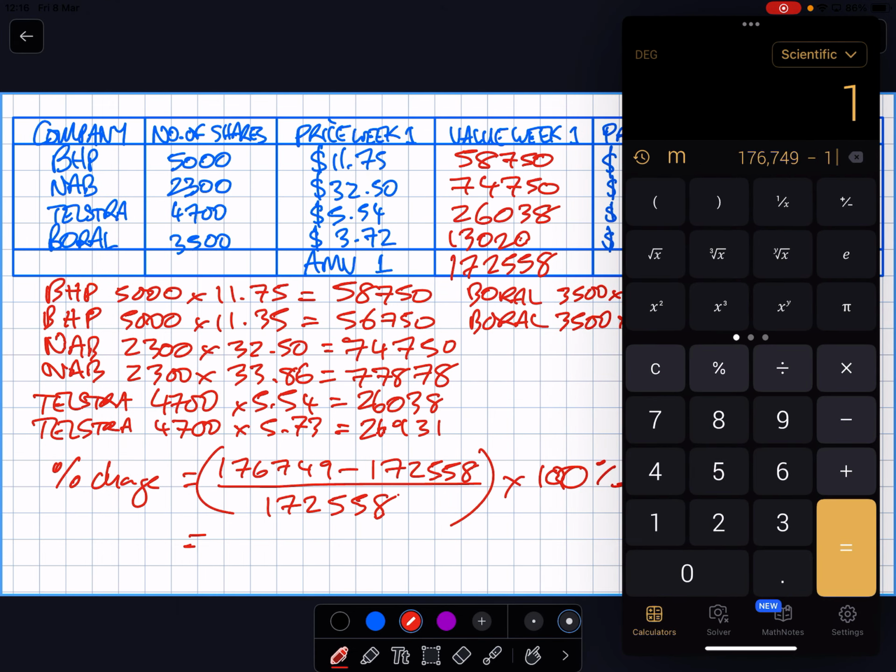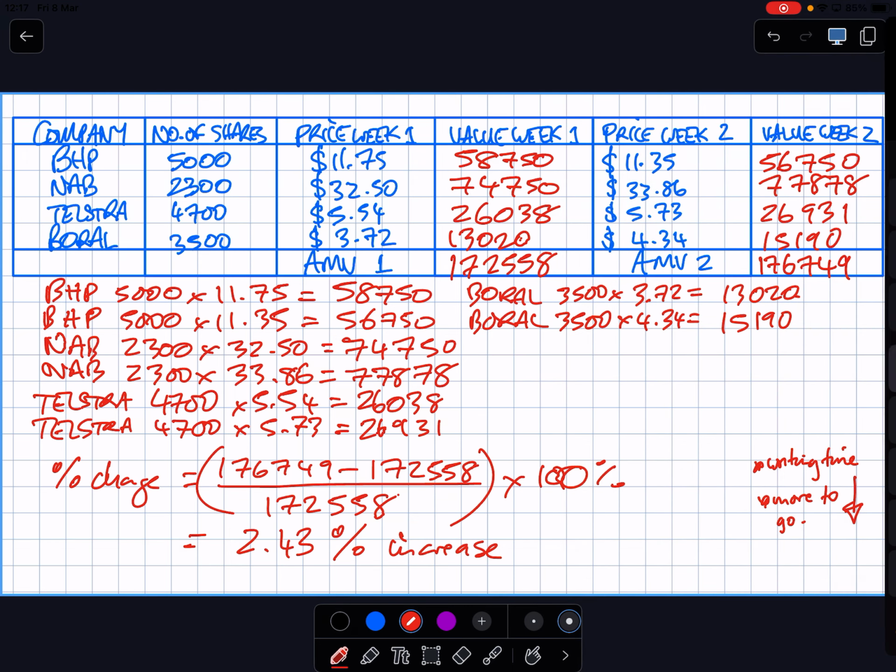So while we're talking about these giant numbers, 170,000 or so, the actual percent change is only a 2.43% increase in all your shareholdings.